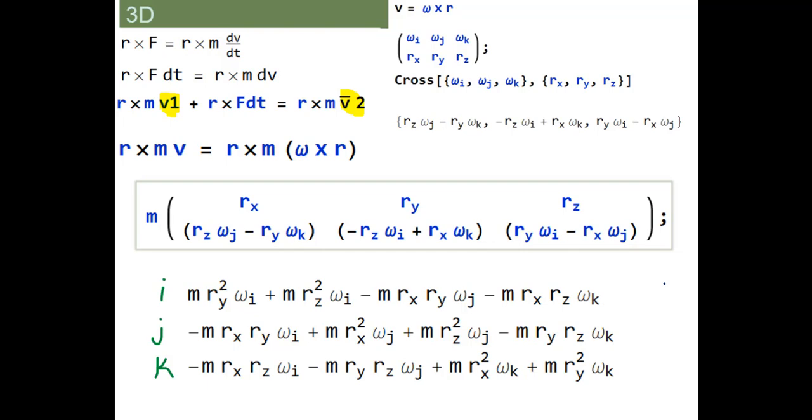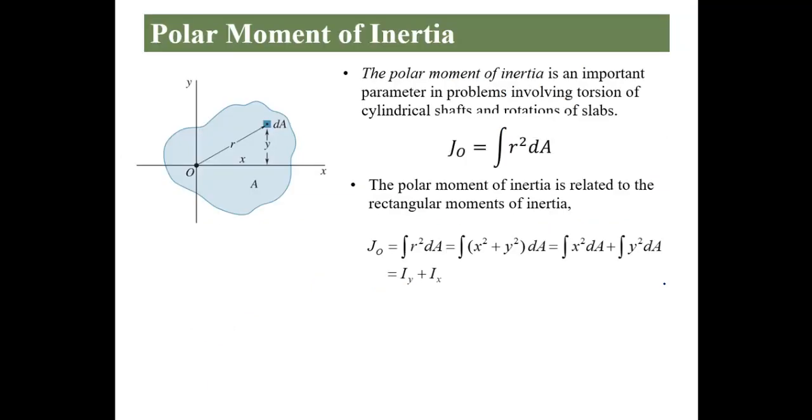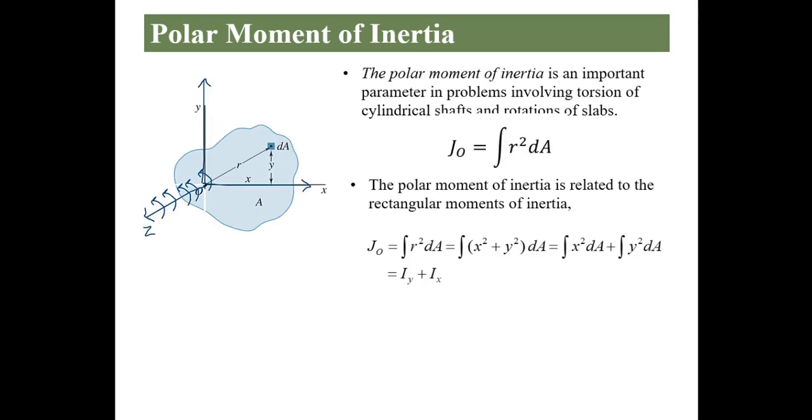Does this turn into anything looking like our r squared m, our moments of inertia? Let's think back to what polar moments of inertia are. So anything that we can get x squared plus y squared equals r squared. And keep in track that x and y are going to go with something in the z direction. So we're looking at perpendicular relationships here.